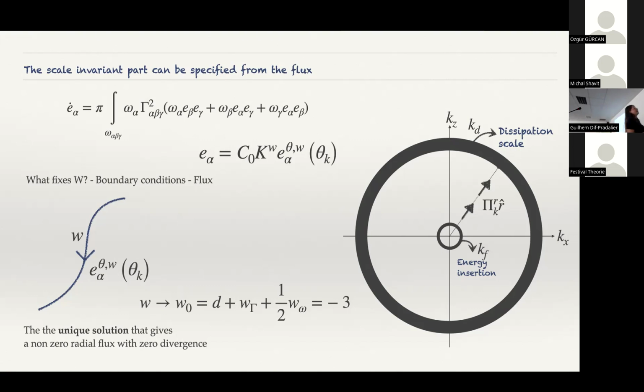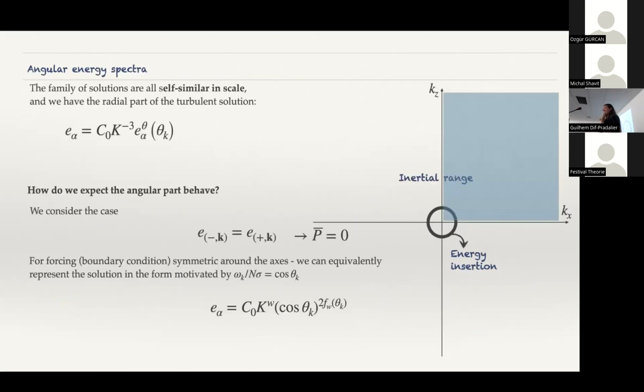And then if I have this part now fixed, I want to look for the angular part. And now if I'm going to look for the angular part, I'm going to remember that the shear modes are going to play an important role and I need to think about them.